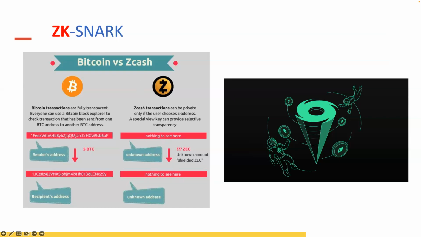Basically, the sender has to somehow convince the miners, hey, I'm sending the coins and these coins belong to me. This signature is valid, even though everything is encrypted. But the miner still can check it. So that's the zero-knowledge sense, right? I'm proving to you that I know, for example, the signature, and this UTXO belongs to me, but I'm not revealing exactly what the signature is.